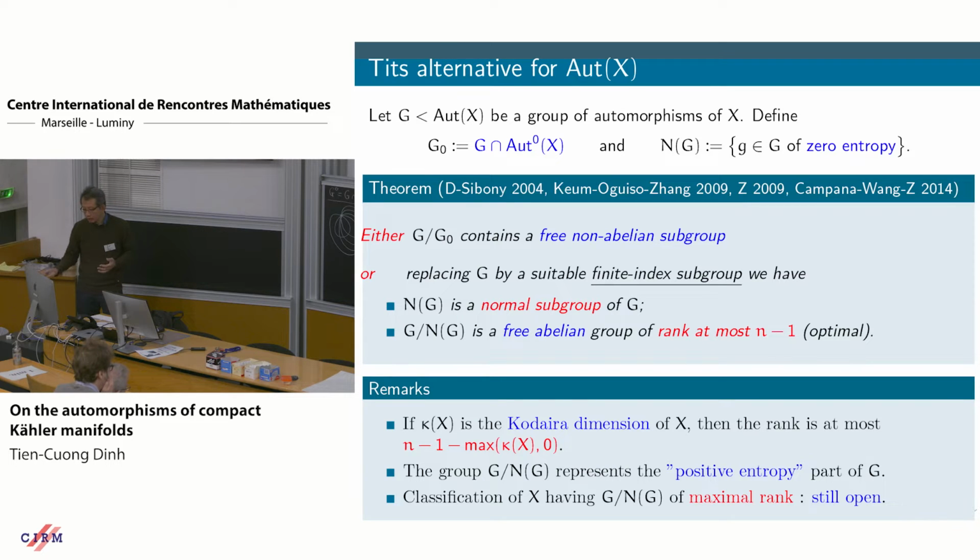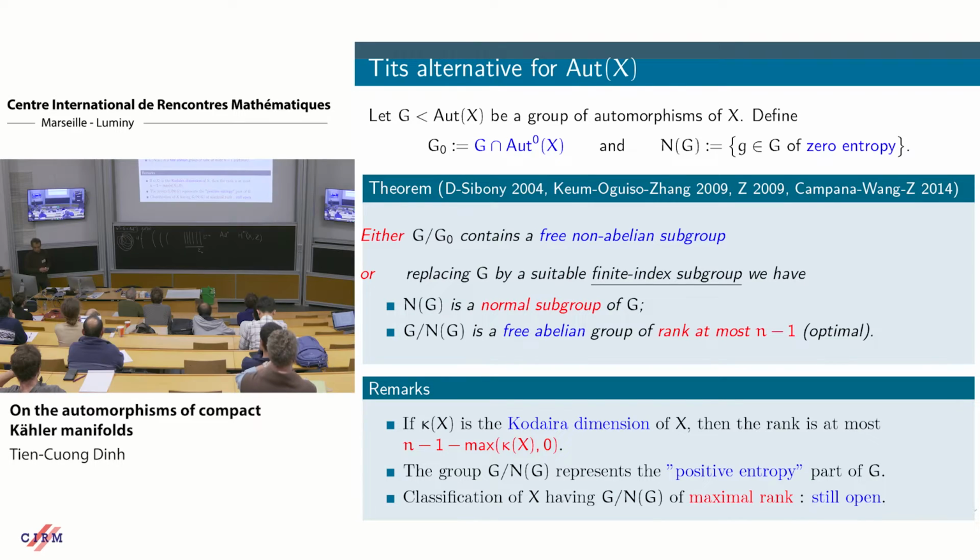So in general, it's not a subgroup. So the theorem says that either this group G over Z0 is very big, it contains a free non-abelian subgroup, or otherwise it's not very big, it's quite small.